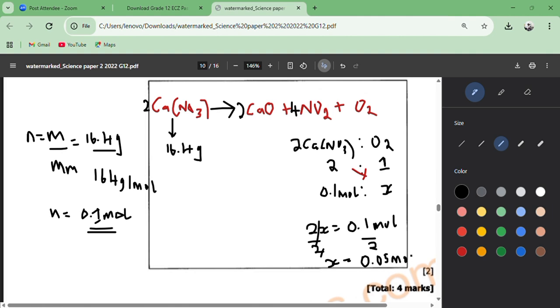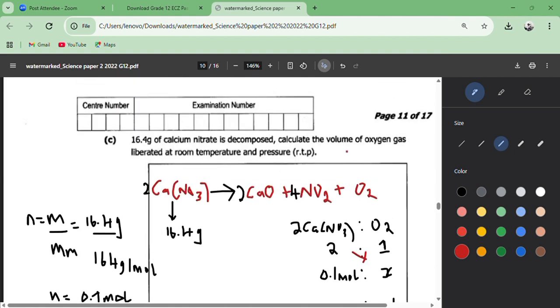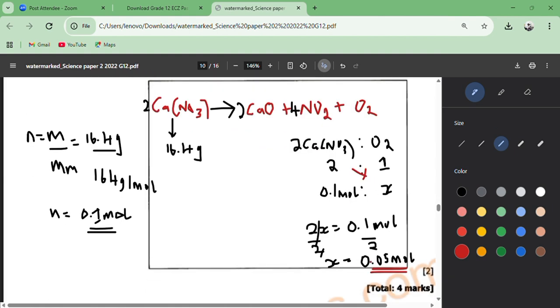So these moles now, they belong to which one? Yes, they are the moles for oxygen. And the question now wants us to find the volume of oxygen. So for the volume of oxygen, we say 1 mole of any gas is equal to 24 cubic decimeters. So we pick the moles of oxygen to find the volume.